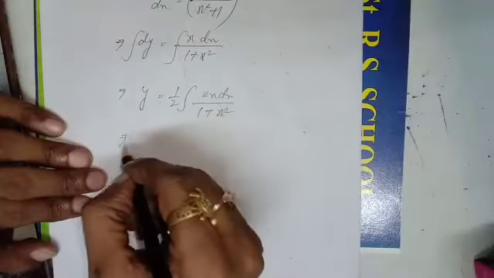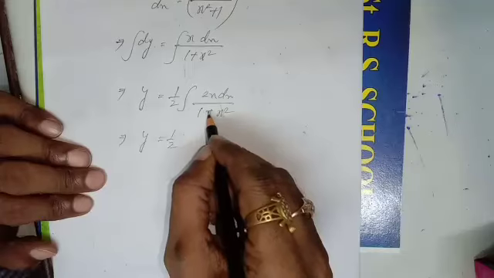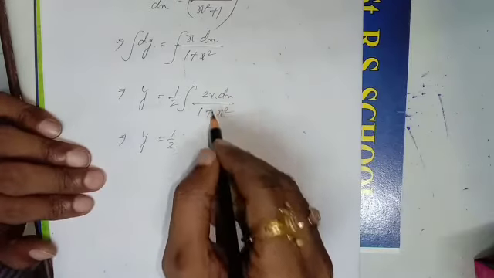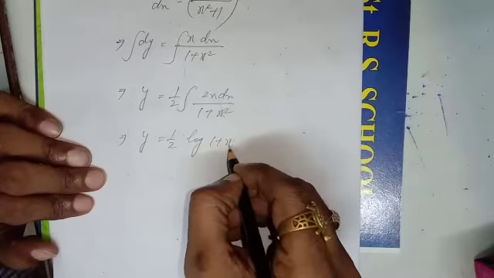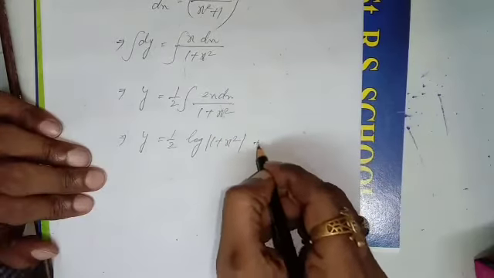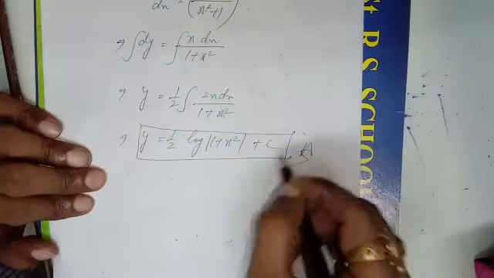After that you can write easily y is equal to 1 by 2. Whenever the derivative of the denominator is present in the numerator, the answer is log of the denominator, that is 1 plus x square, plus c, the integration constant. This is the answer for number 1, first part.